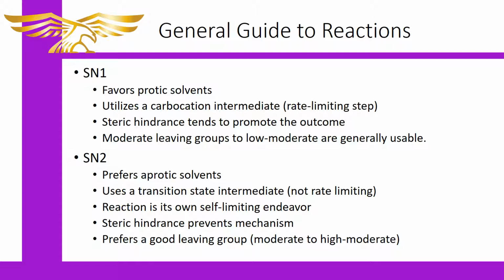Steric hindrance tends to promote the formation of carbocations because backside attack from an SN2 mechanism is not possible due to the blockage of the sterically hindered group. It is also more usable in situations where a leaving group may not be the best leaving group possible.